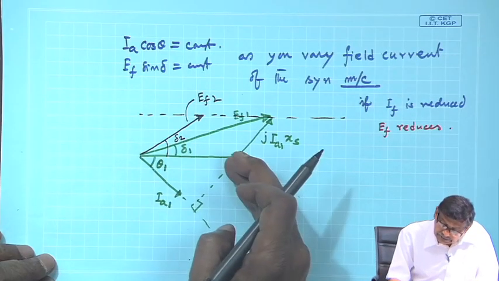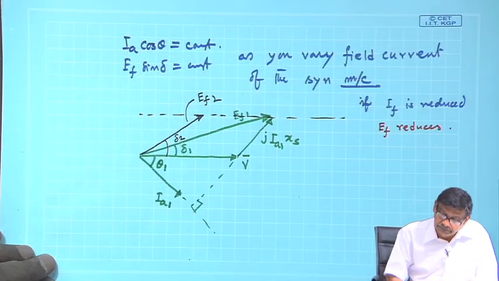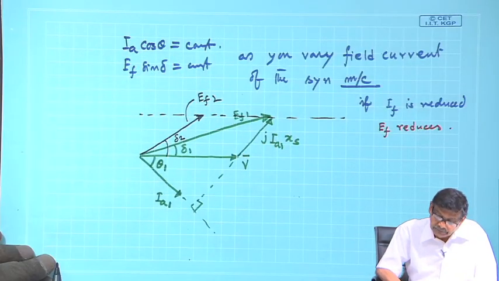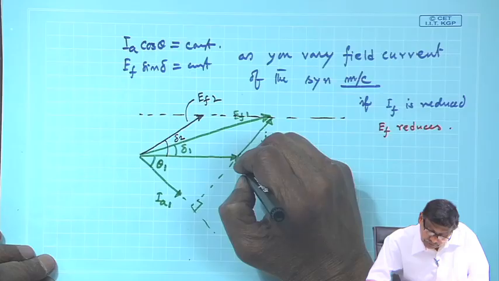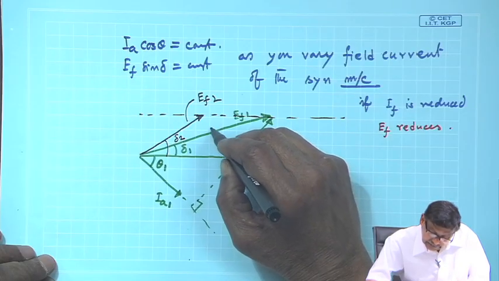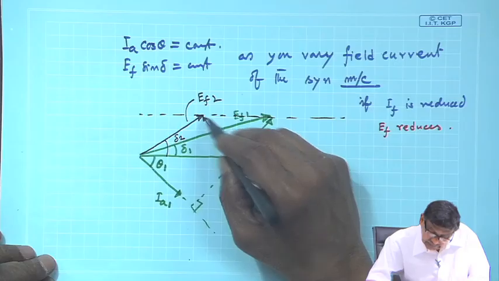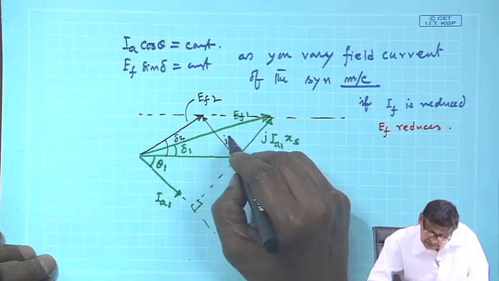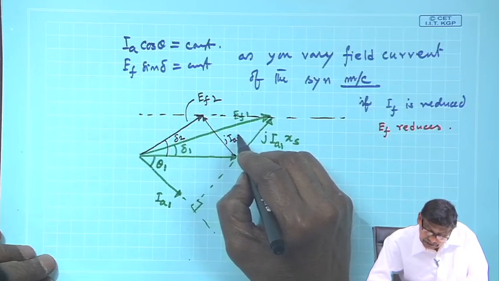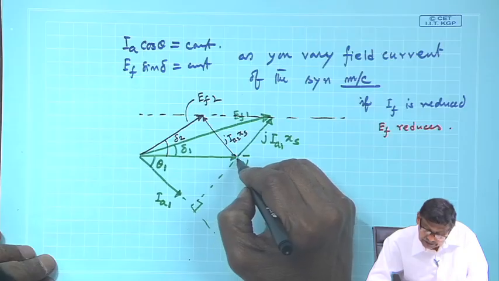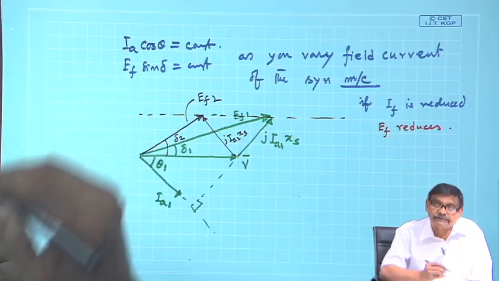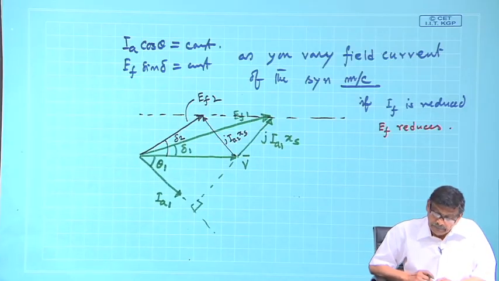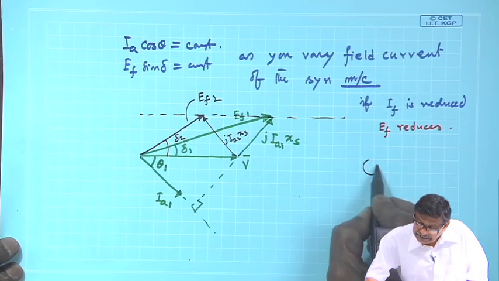Now, if this is your E_f2, then V plus jI_a2 x_s equals E_f2. This point is crucial, this will be your jI_a2 x_s.